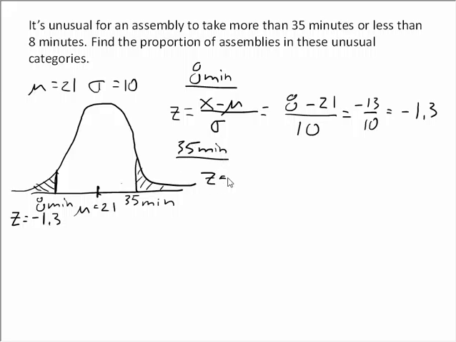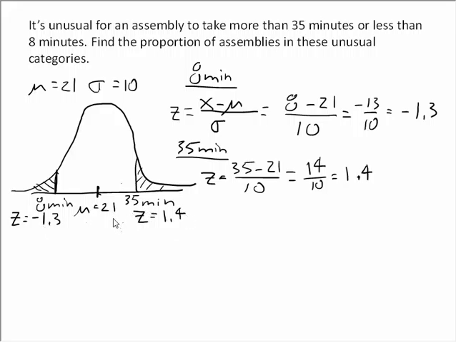Well, he's at z of 35 minus 21 over 10. He's a little further away. He's at 14 over 10, or 1.4 standard deviations, a z-value of 1.4.